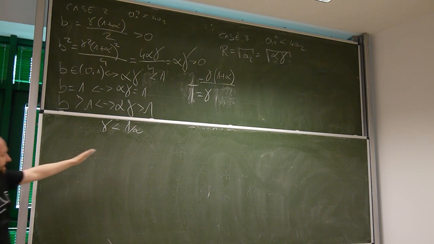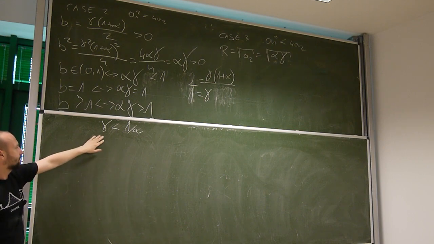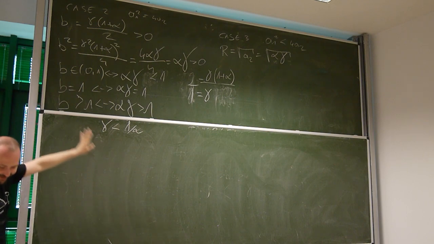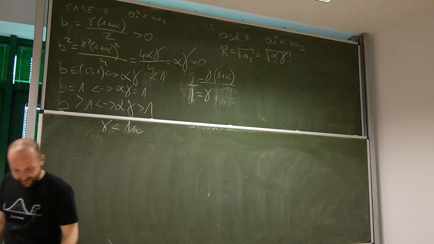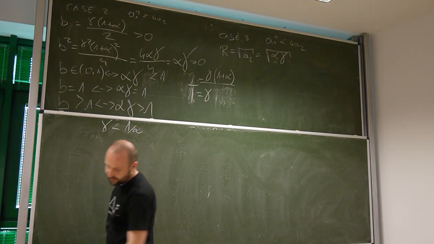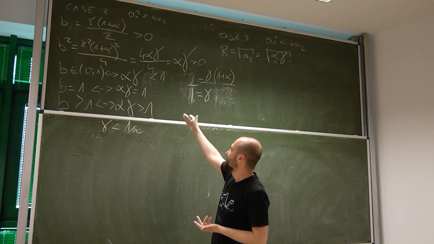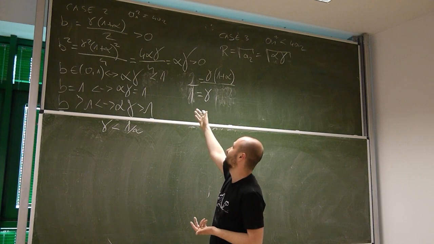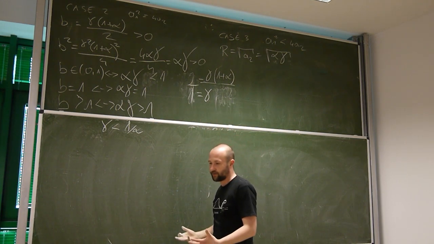So if I am above this line, it means that we have divergence. Below this line, we have convergence.